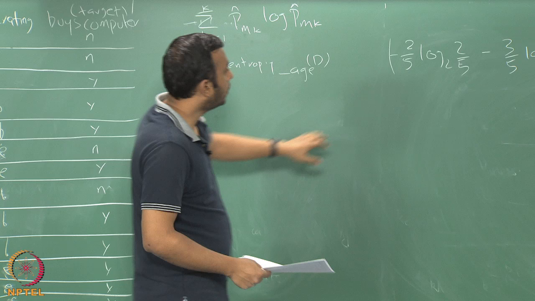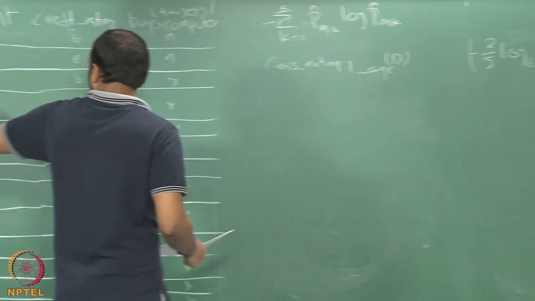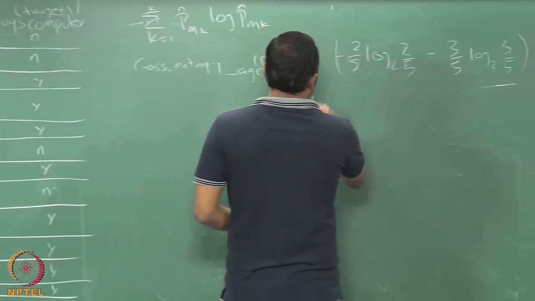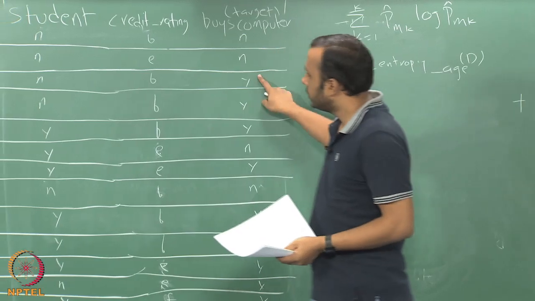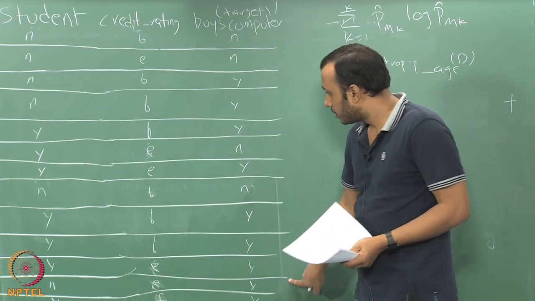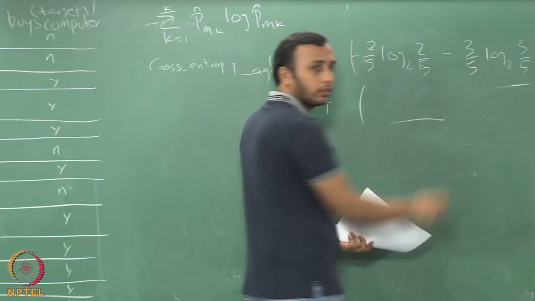So this is for the youth. Then we add what we get for middle aged and what we get for senior. If you look at middle aged, 1 is yes, 2 is yes, 3 and 4 both are yes, so what will be the entropy?